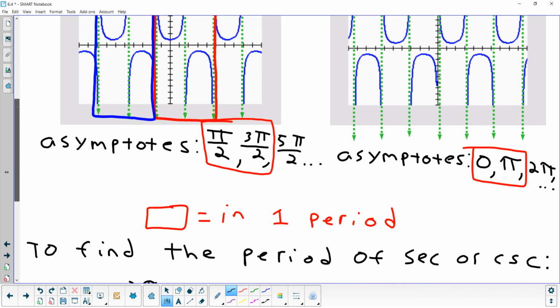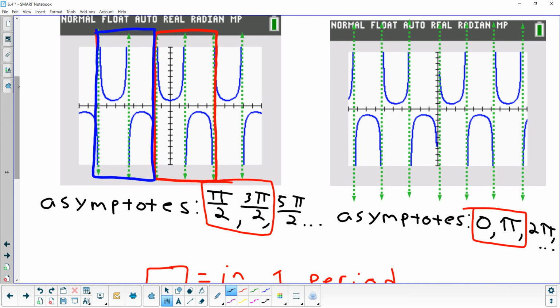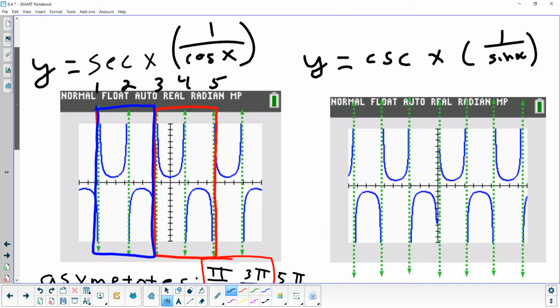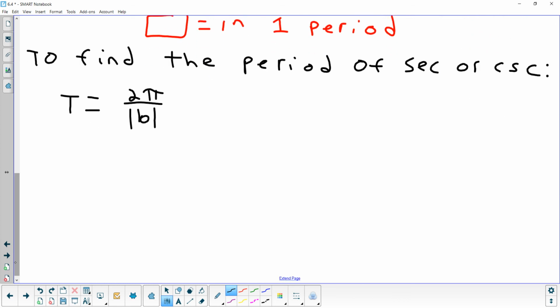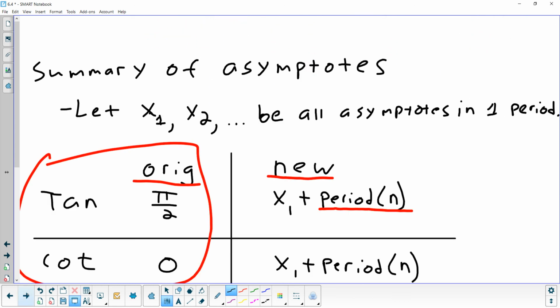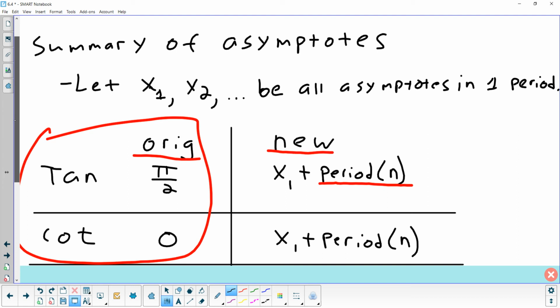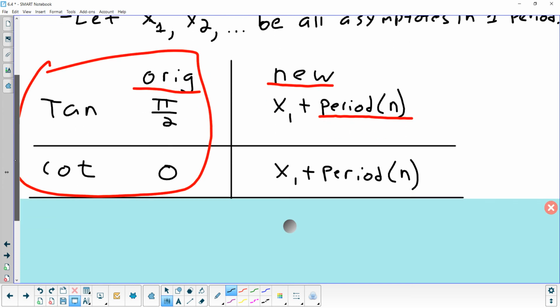All right, so now we know the first 2 asymptotes in a secant graph and the first 2 asymptotes in a cosecant graph. Let's add those to the last 2 rows in that table. And now we have a full table for all our asymptotes. So we've got tangent and cotangent.